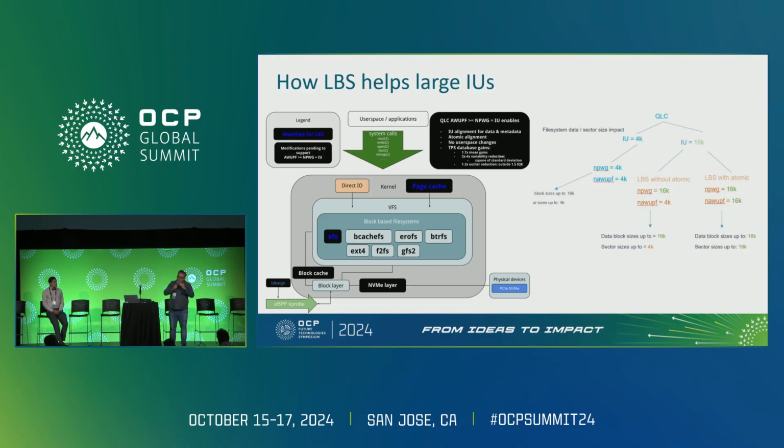Then you have the lower left part, not the extreme left, but kind of in the middle. That is essentially what we have for QLC drives today, which is basically large IU drives with an NPWG of 16K, but with a 4K atomic. Now, what we're essentially considering here is supporting where you have the large atomic to enable you to go to the right-hand side. That essentially enables a large sector size.